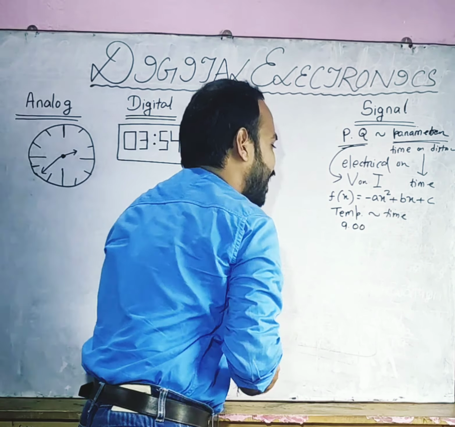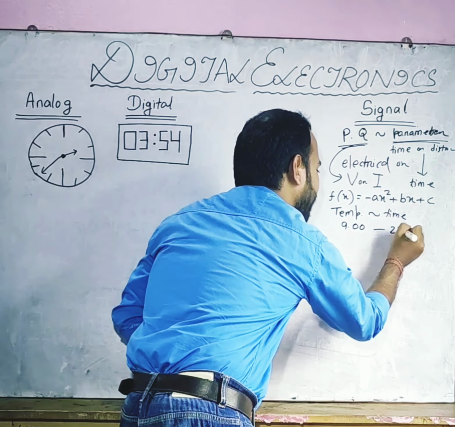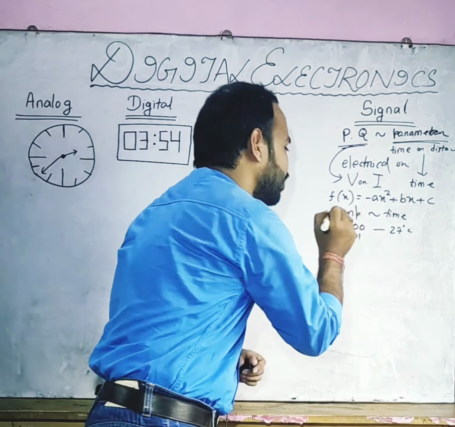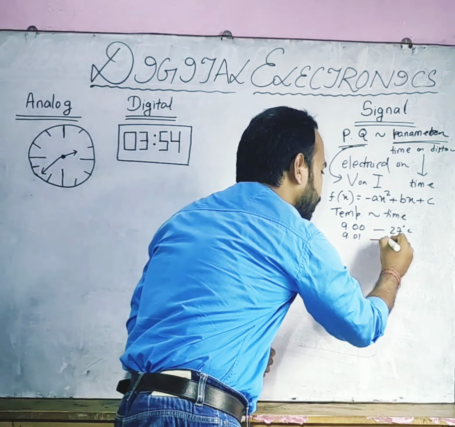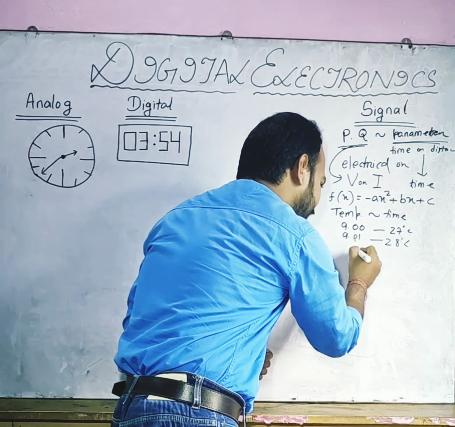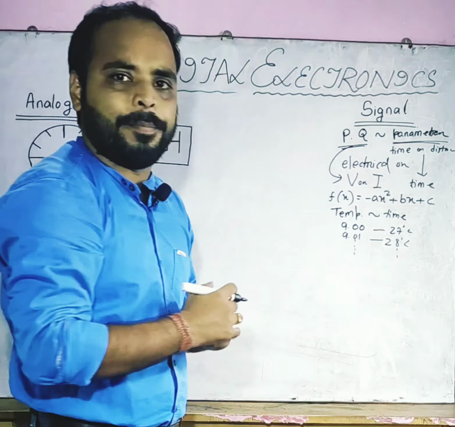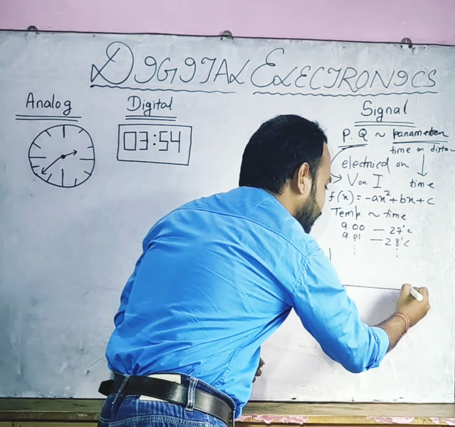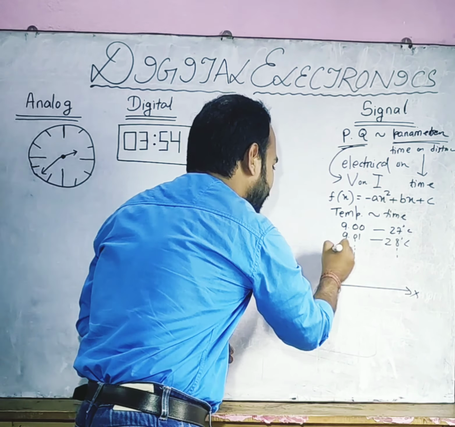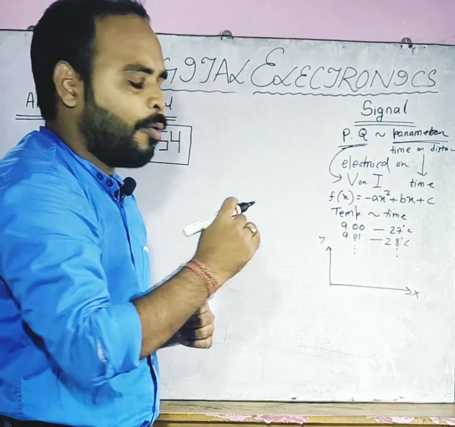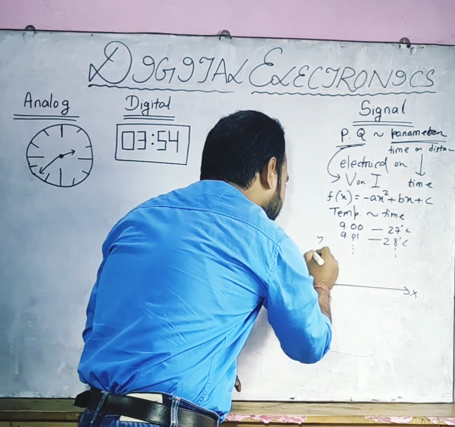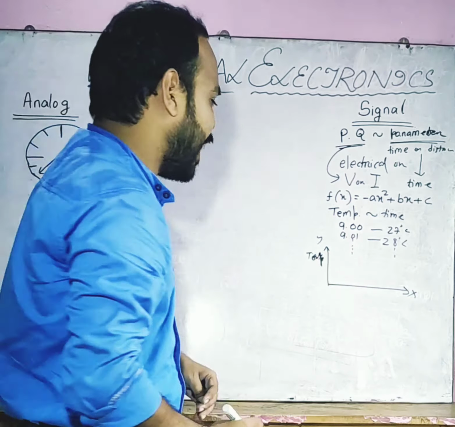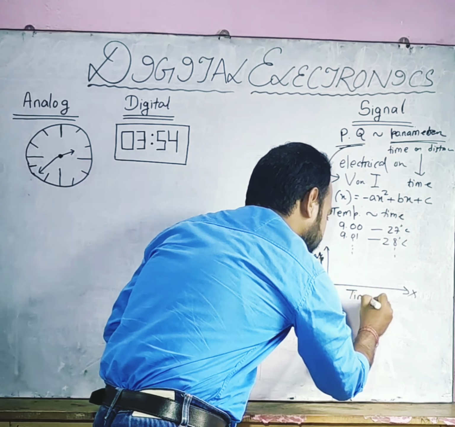The temperature at 9 am would be, let us say, 27 degrees Celsius. The temperature after 1 minute, that is 9:01, would be suppose 28 degrees Celsius, and so on till 9 pm. If we plot a graph, here is the x-axis and here is the y-axis. Now we are taking the temperature on the y-axis and the time on the x-axis.